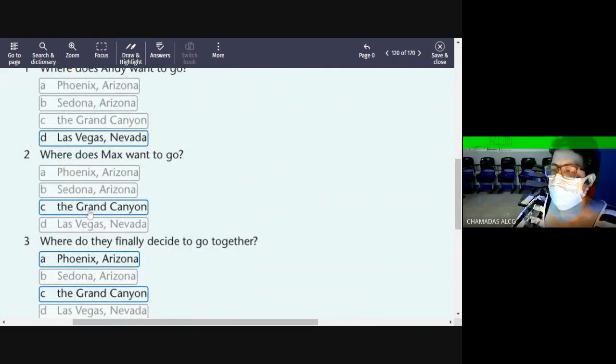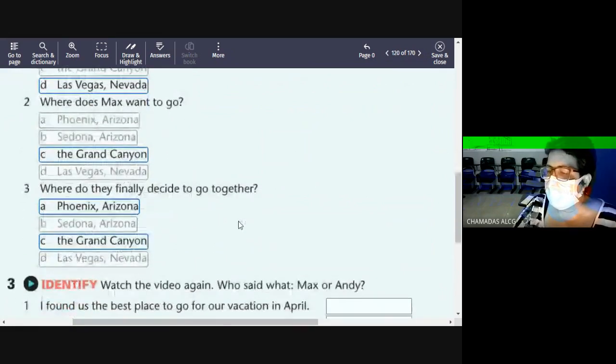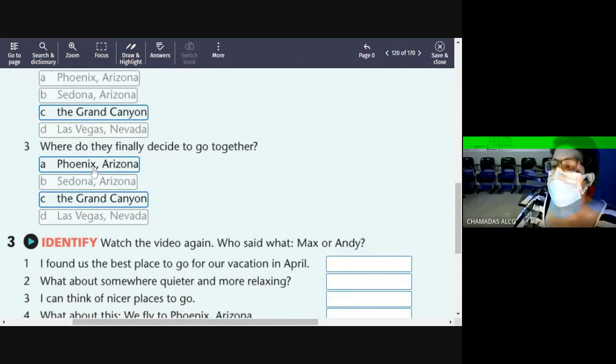Max wants to go to the Grand Canyon first, okay? But then in the end, they agree to go together to Phoenix, Arizona, then to a ranch near Sedona, because it's also in Arizona, okay? And then after, to the Grand Canyon.